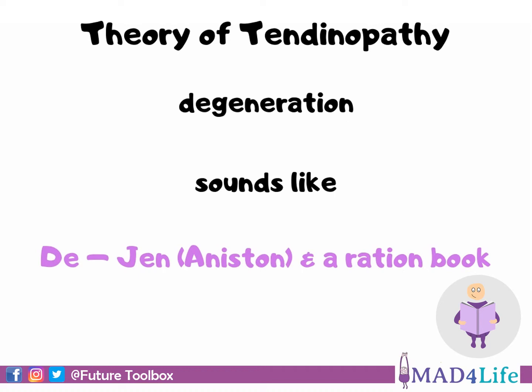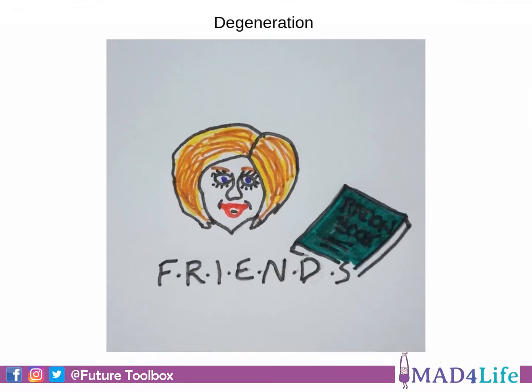So we've got degen, ration. We repeat that a few times and put it together: degeneration. That's Jennifer Aniston, believe it or not, holding a ration book that people used to get in the war. So we've got degen and the ration book.